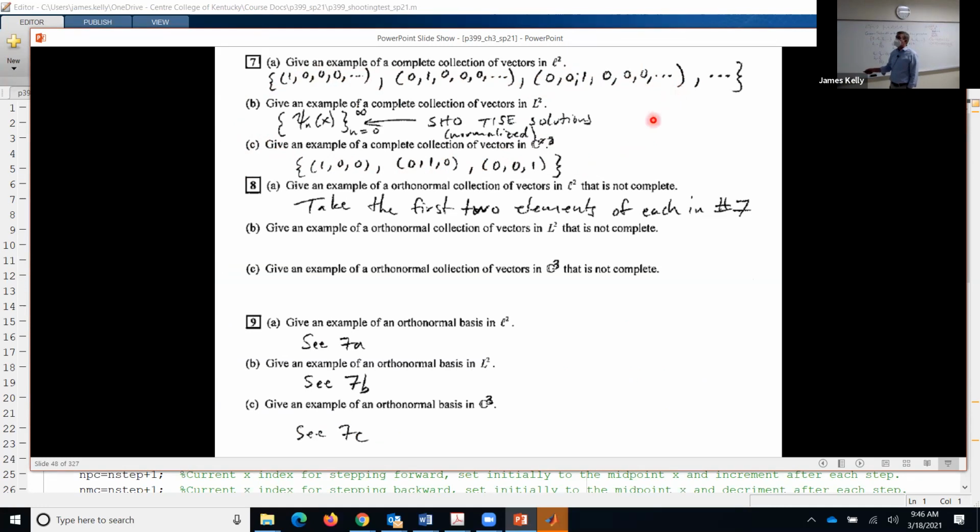They were all already normalized and all already mutually orthogonal to each other. So my examples in 7 certainly work for these. They're an orthonormal basis. There's enough of them to be complete, but they're also all normalized and all mutually orthogonal. That's not to say they're the only orthonormal basis. They're just the most obvious ones to write down. Any questions on that stuff?